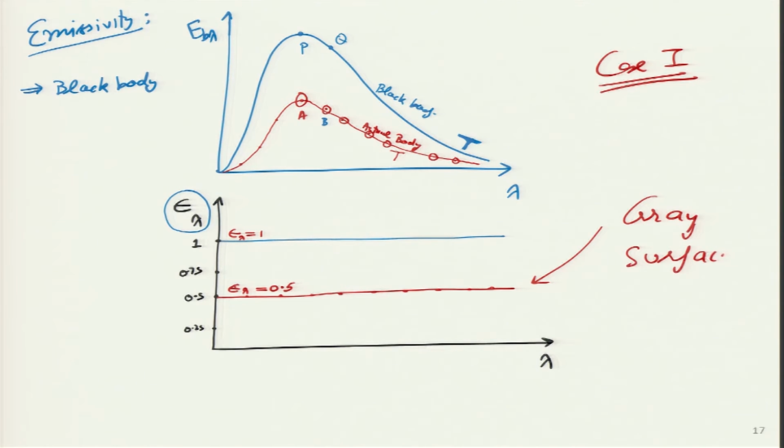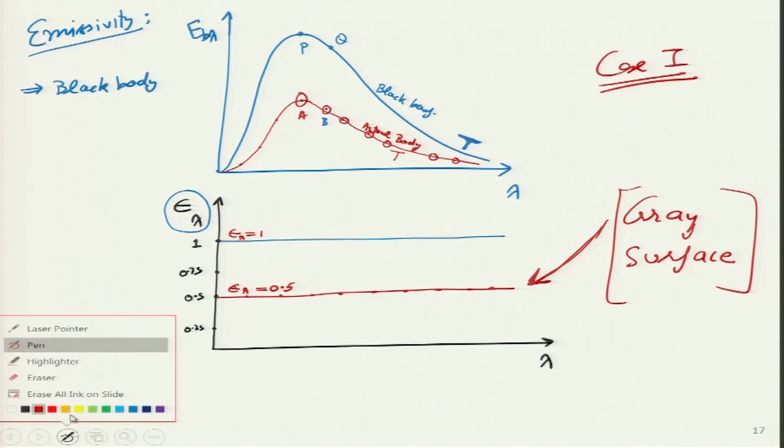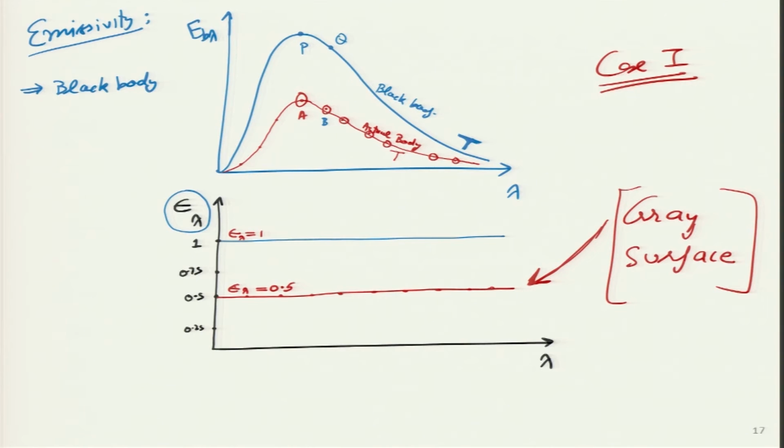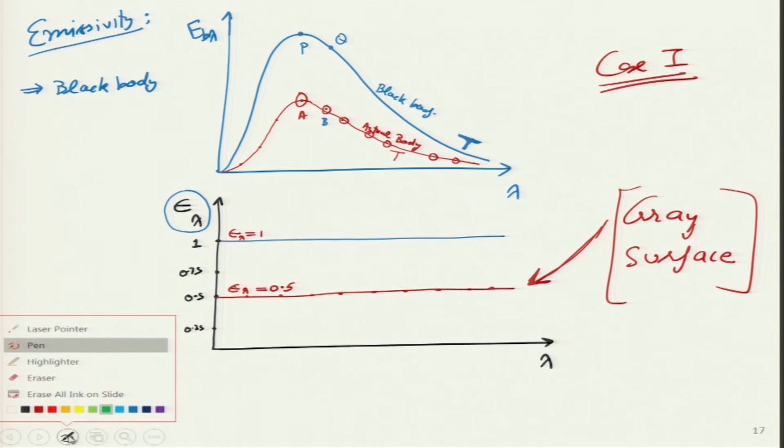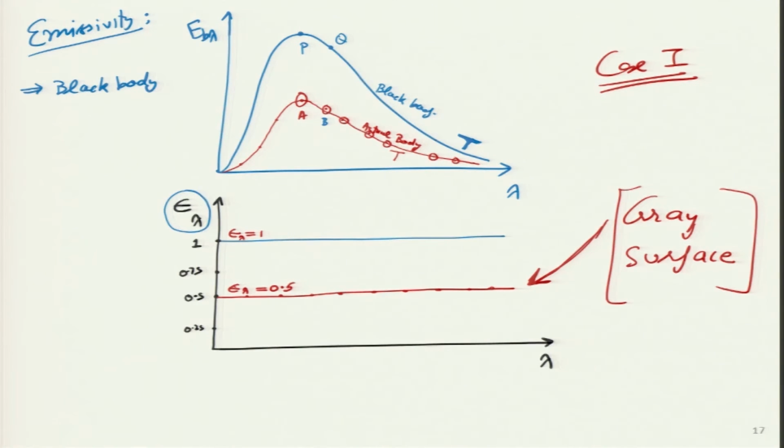So, somehow by luck or by some coincidence, whatever body I was doing the experiment on, it turned out to be a gray body, which means a gray body need not have only the emissivity as 0.5. I can make all sorts of gray bodies over here. Let me use yellow color. This is another gray body having emissivity 0.75.